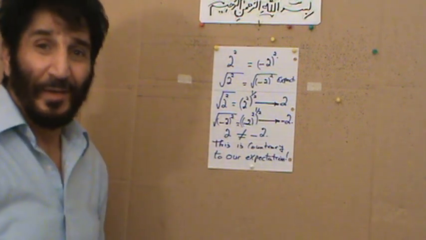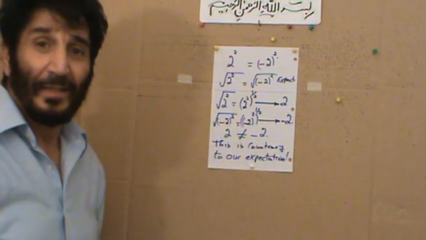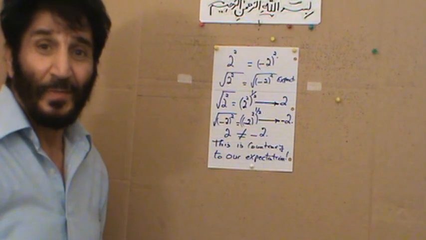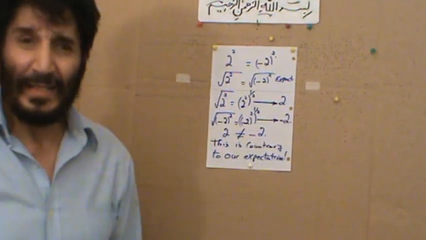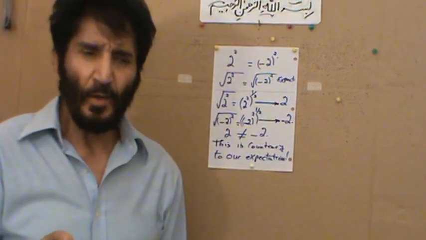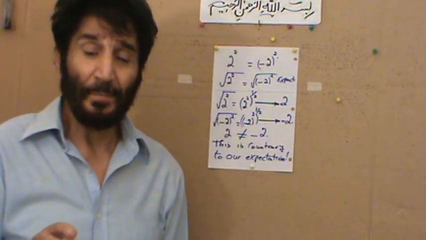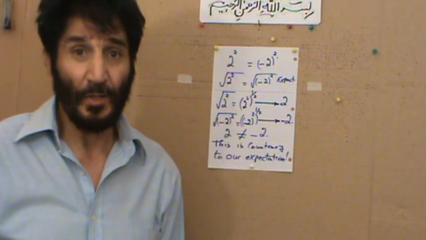So what's going on? Why is there this ambiguity or contradiction? Mathematics is a very concise, meticulous and precise subject.